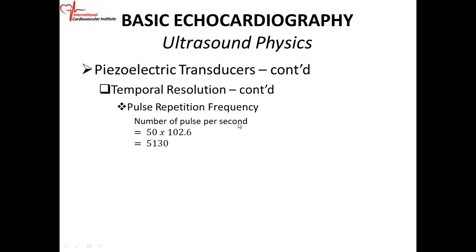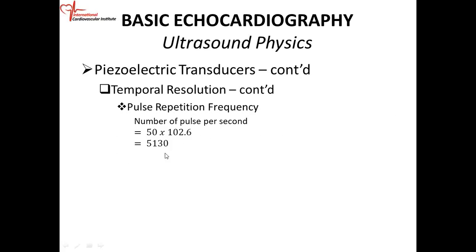So the number of pulses per second, if you're talking about 50 frames per second, is 50 times 102.6. This is the number of scan lines, or the number of pulses per second, and this is the pulse repetition frequency.